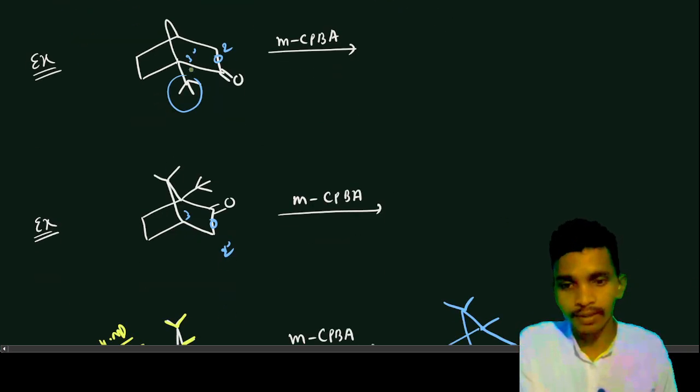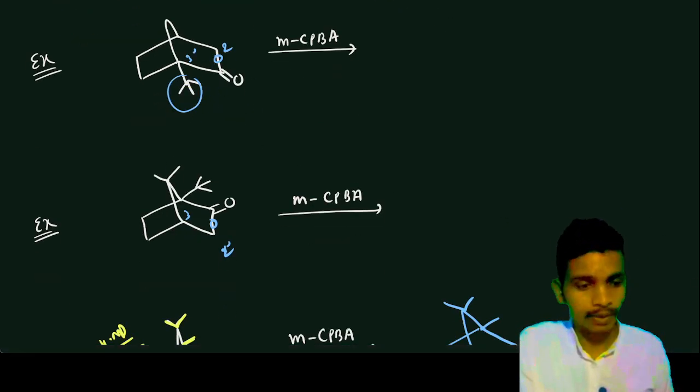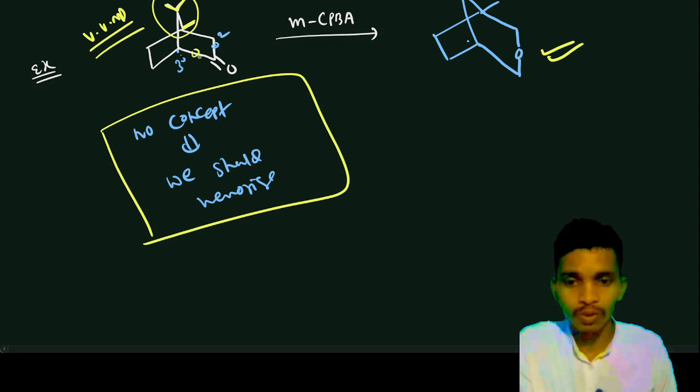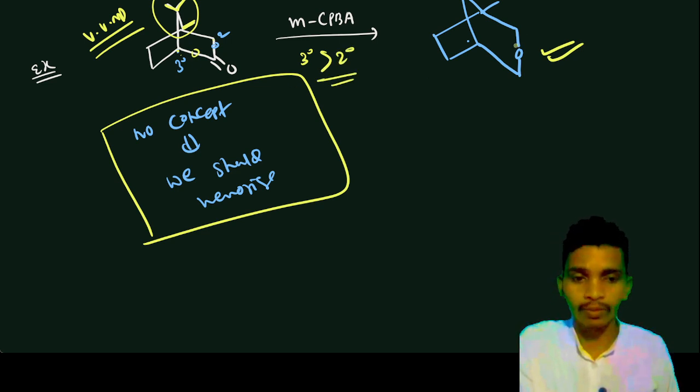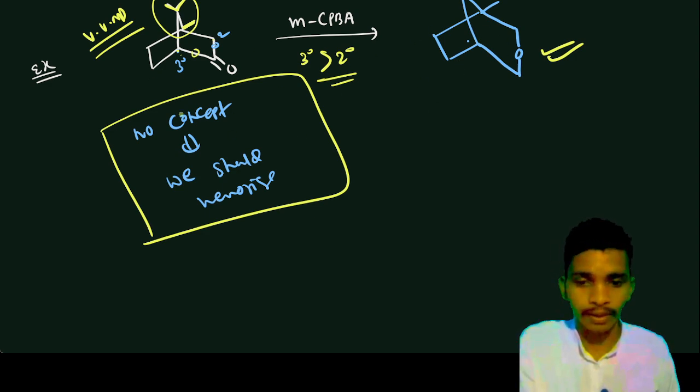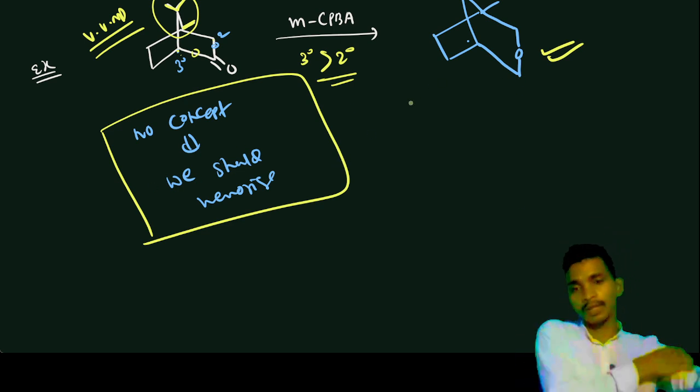But here the steric factor is there, that's why O is added above, that's fine. But in this case the steric factor is above, down there is no steric factor, so O should add here because 3-degree is more than 2-degree. But again O is adding to that place, the reason is not explained, and this one we should memorize. So this is the last question.